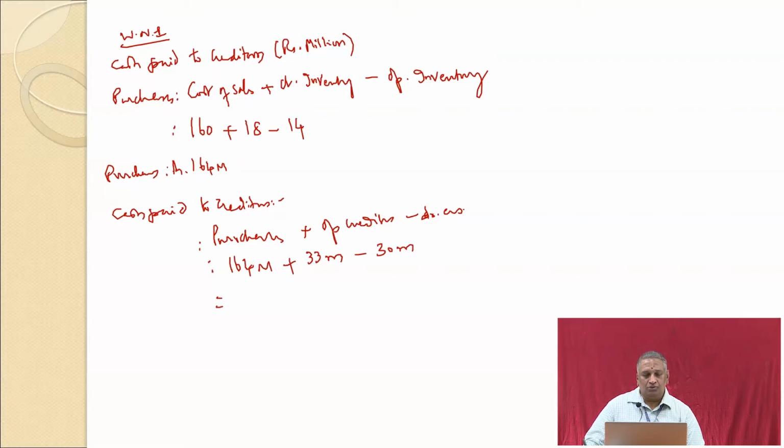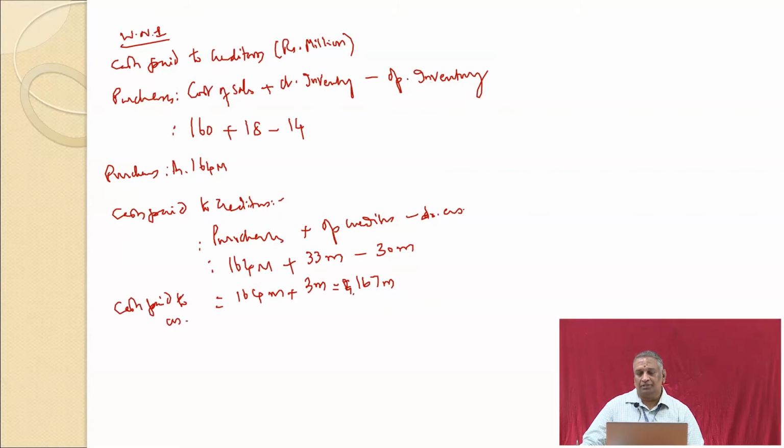So it is going to be 3 million to be added. So 164 plus 3 million is 167 million. Rupees 167 million is cash paid to creditors. Clear?